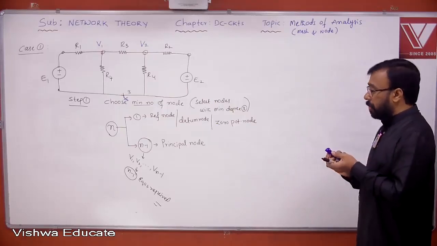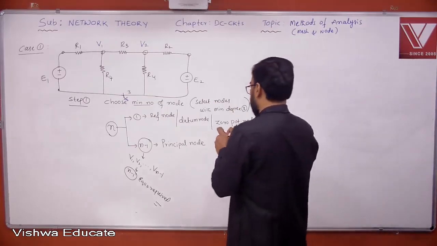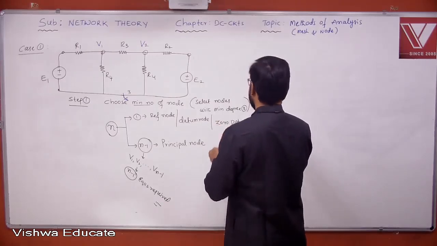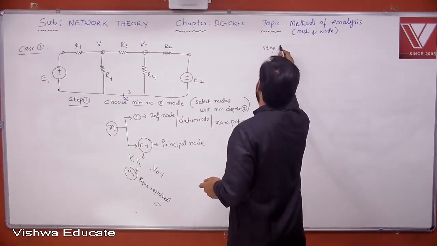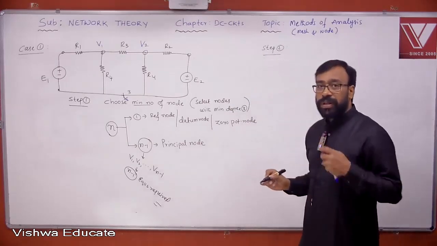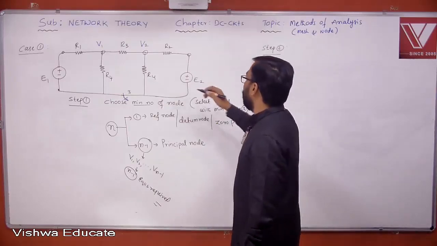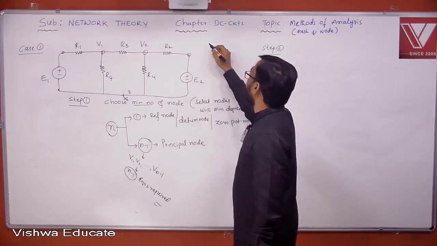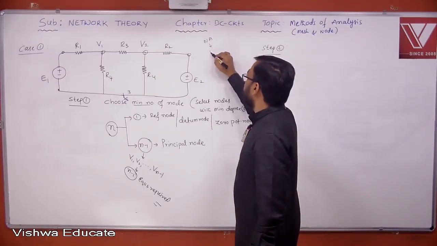Now, second step. Step 2. For this, please look at this. I'll give time, don't worry. We need to understand the details of this node analysis clearly. Node analysis deals with what? Kirchhoff's current law.